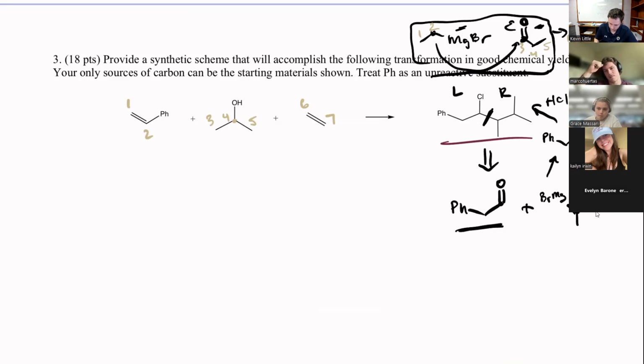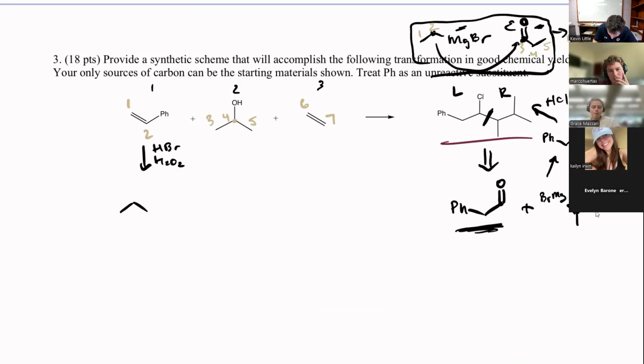From 1, 2, or 3? You definitely have to use 1. How do we make this part from 1? You would do the anti-Markovnikov addition of HBr first.